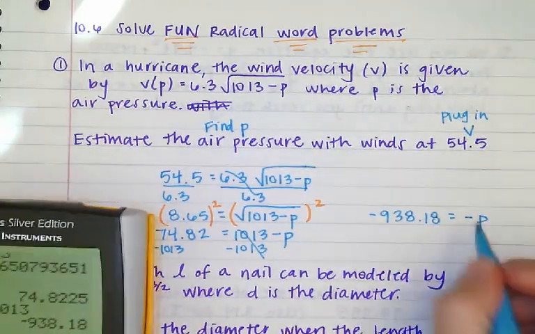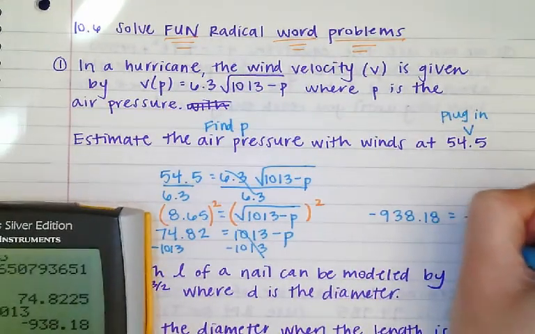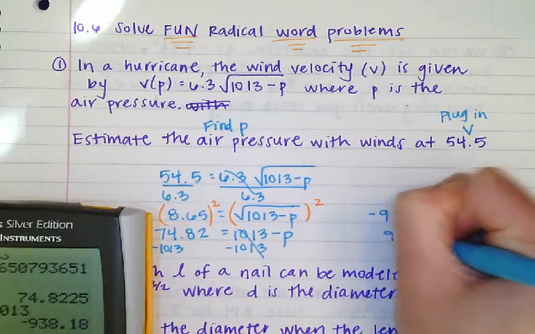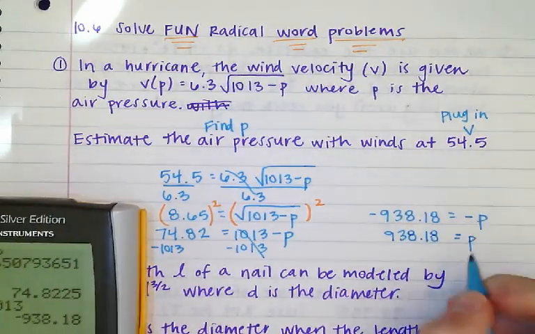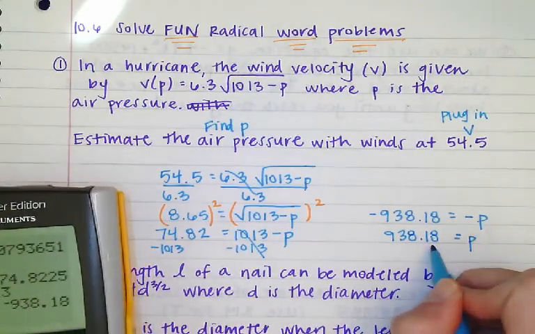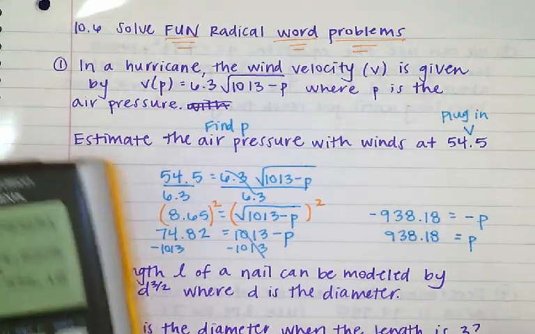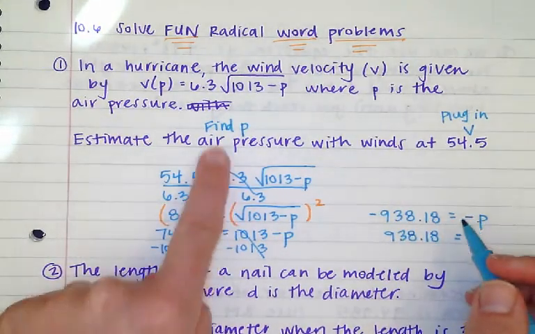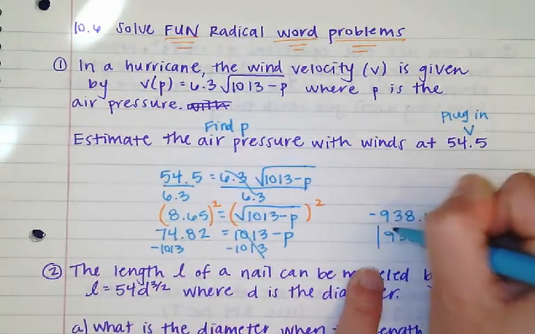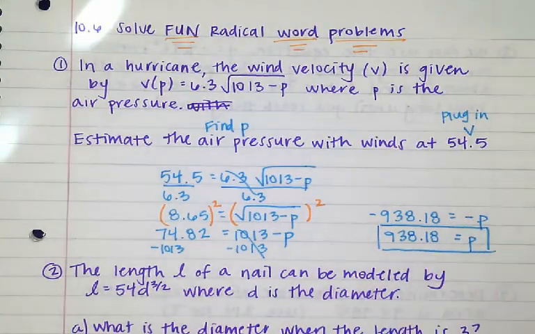So if we know negative P is negative 938.18, then positive P is positive 938.18, or I think in the notes it's rounded to 0.2. Remember, this is the same as if you just divided both sides by negative 1. So we just found that the air pressure, although it doesn't tell us what units that's in, is going to be 938.18 or 0.2.